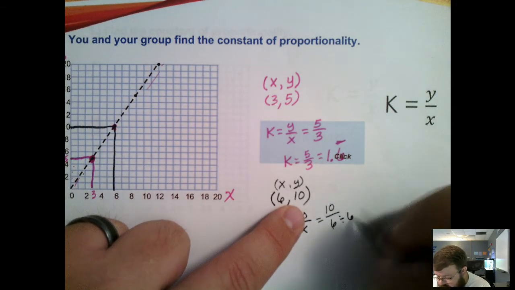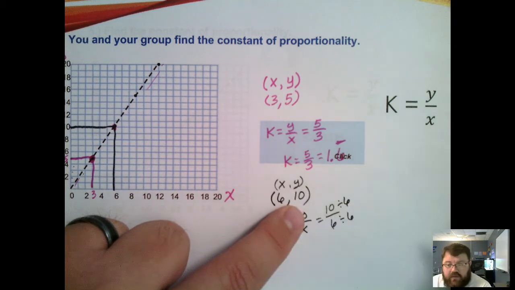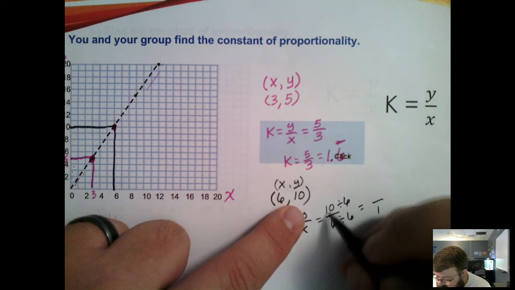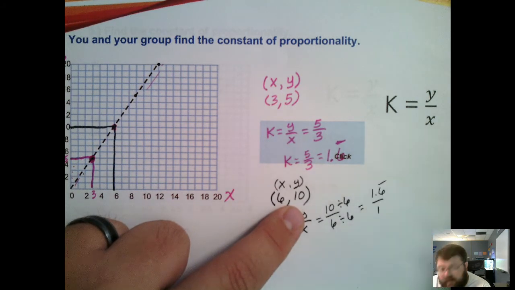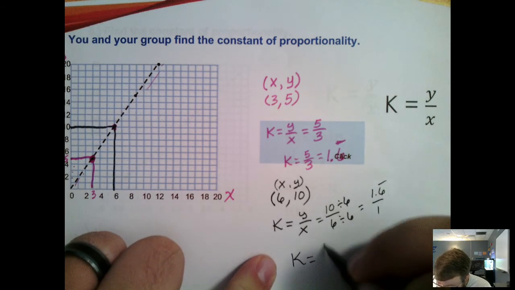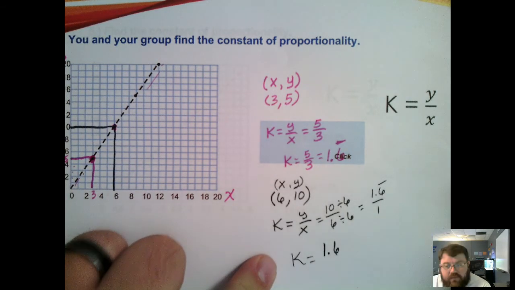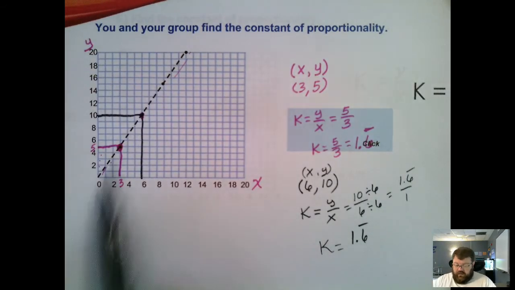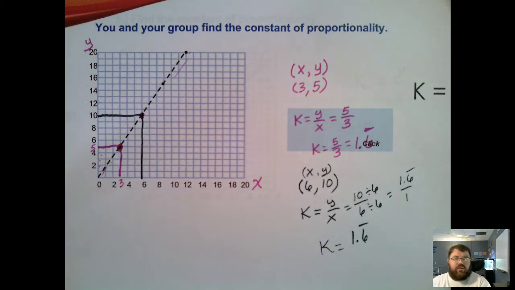Divide this by 6, divide this by 6. 6 divided by 6 is 1, 10 divided by 6 is 1.6 repeating. So your constant is 1.6 repeating. You're going to get the same answer. I can tell you that because it's a straight line that goes through the origin.